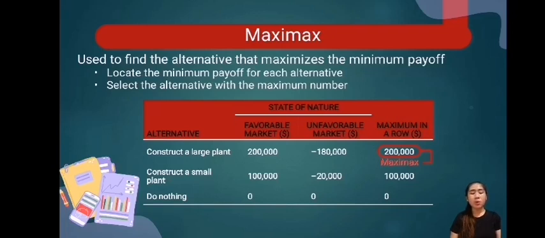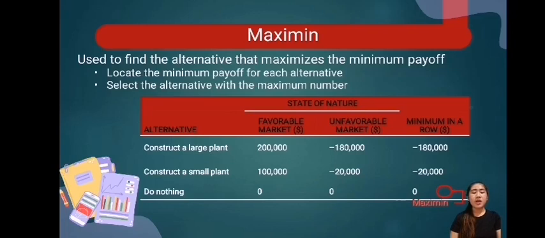Number 2, Maximin. Maximin is used to find the alternative that maximizes the minimum payoff. So here, we should locate first the minimum payoff for each alternative, then select the alternative with the maximum number.